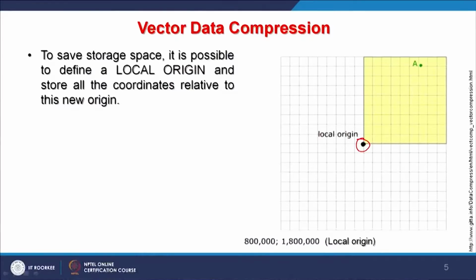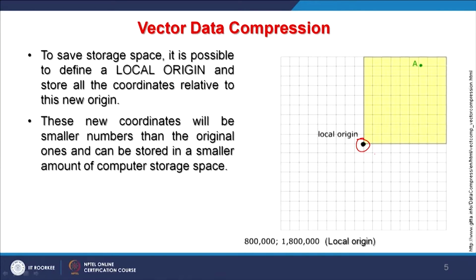So, instead of writing degrees and minutes that may be the same for a small area, which introduces redundancy, we can have a local origin, and with reference to the local origin everything can be surveyed and plotted.